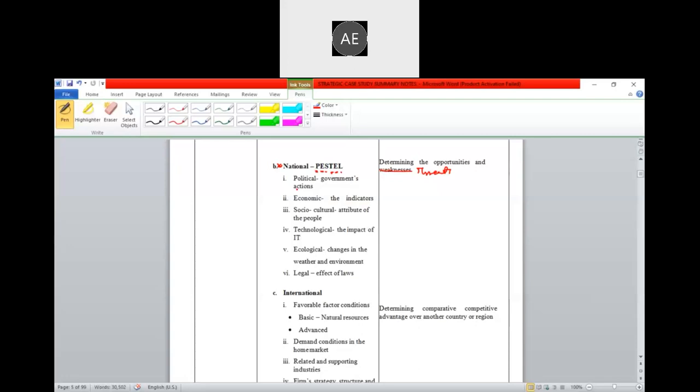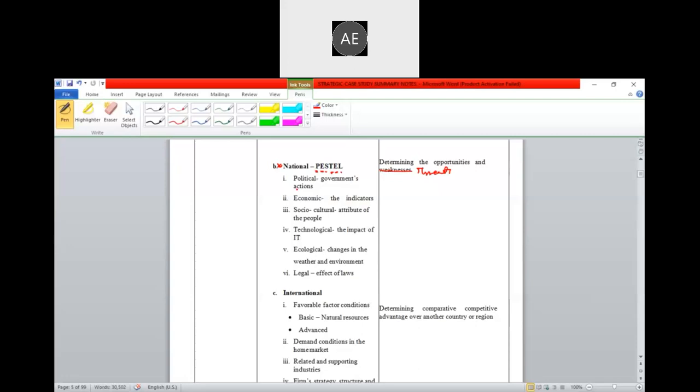The next thing is the economic factors. So that's the economic indicators like inflation, the interest rate, the exchange rate. These factors can help an organization either achieve its objective or prevent it from achieving its objective.